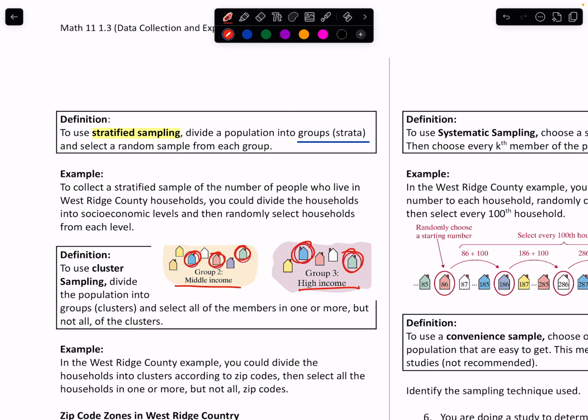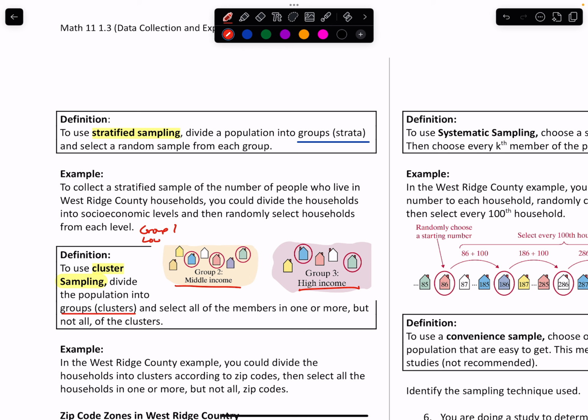Now another variation of this is something called cluster sampling. What we do then is divide the population into clusters, so groups this time refers to clusters. Then we select all of the members in one or more, but not all, of the clusters. Again, let's say we have group 1 as low income, group 2 as middle income, and group 3 as high income.